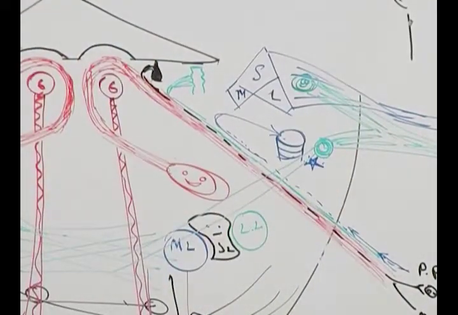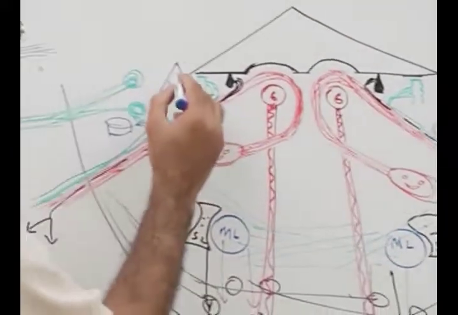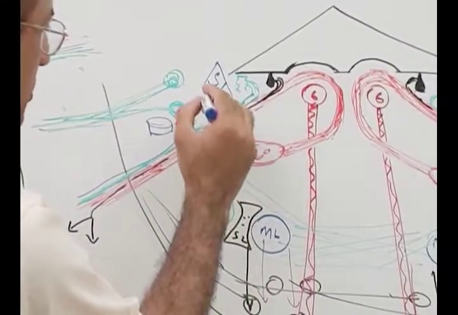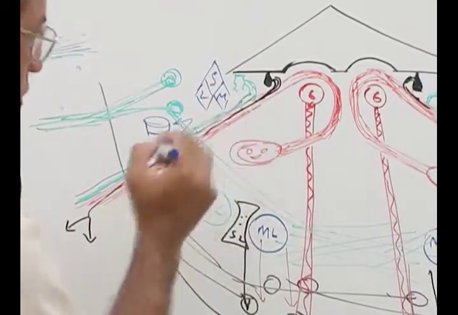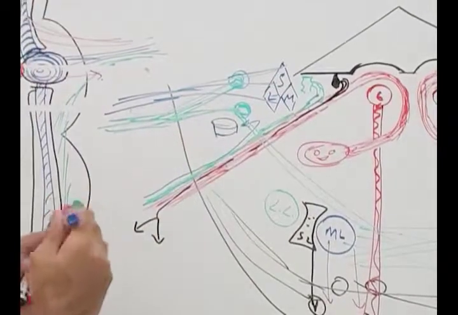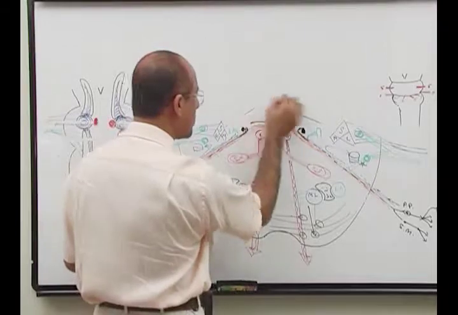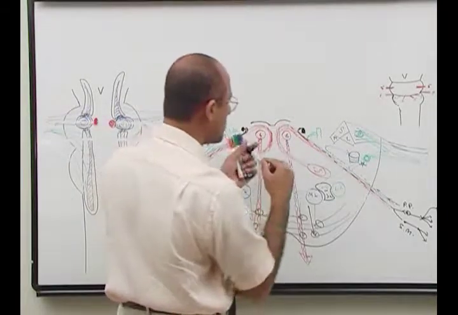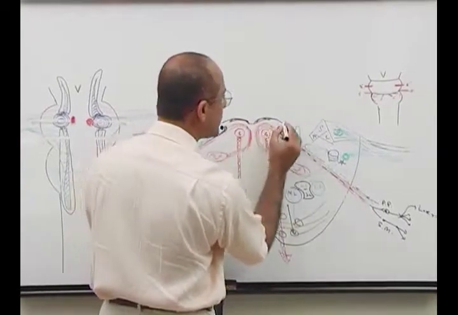Am I clear? So this is also, what is this? Superior vestibular nucleus, medial vestibular nucleus and lateral vestibular nucleus. And what are these fibers coming? Vestibular. And now I should improve my diagram here. You know why? Because in the floor of the fourth ventricle, we find, lateral to the facial colliculus, what?